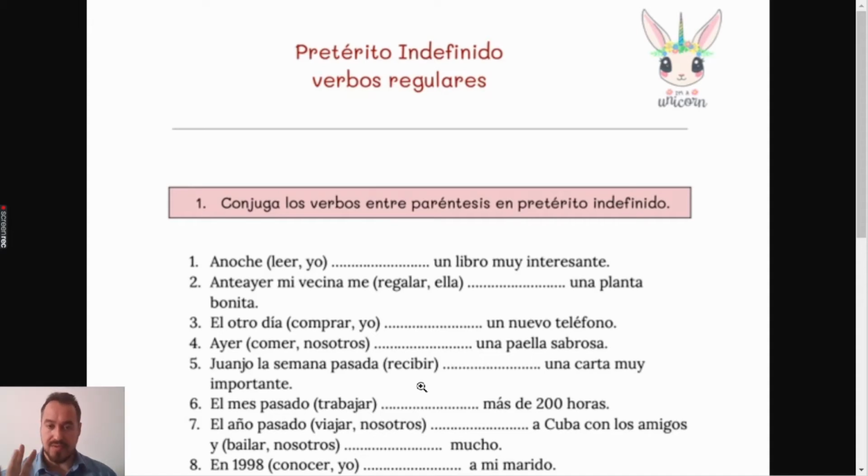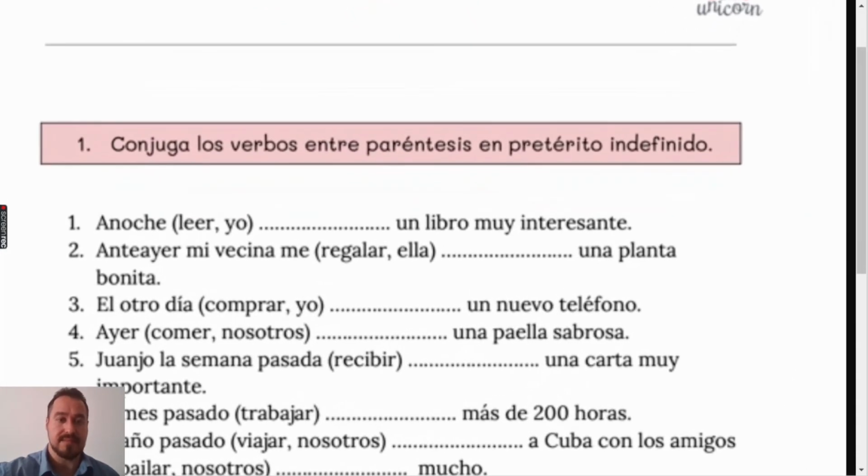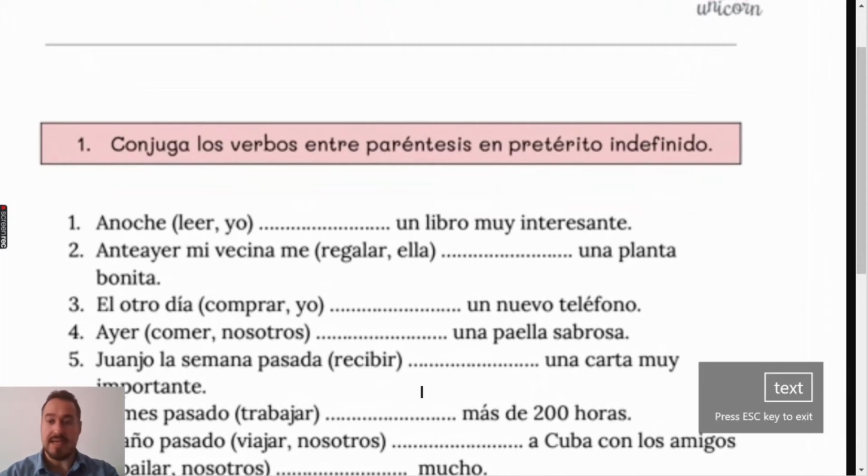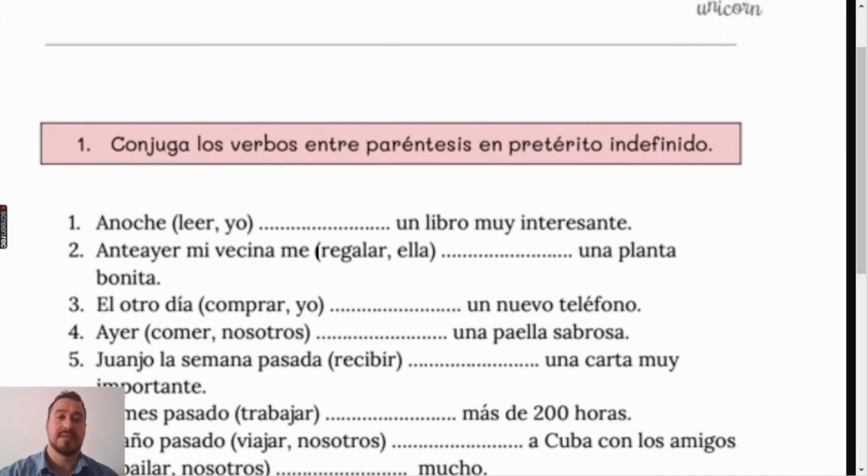So let's do 5 of this, so you can have an idea. And yes, in this particular tense, there are many irregular verbs. So I have to make a few videos about those.